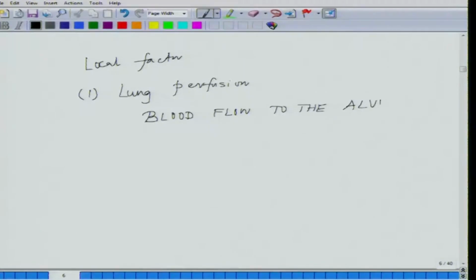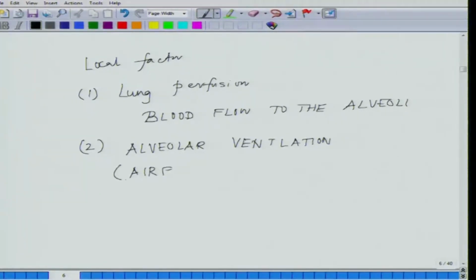This is one of the factors. The second factor involved is alveolar ventilation, which is basically the air flow over a wide range of conditions and activities.